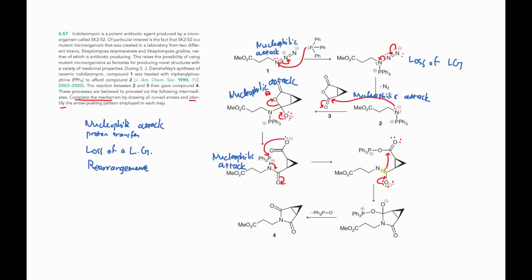It doesn't really matter if you draw the arrow there and another arrow, but for simplicity I'm just going to do this double bond acting like a nucleophilic center, and then attack there to form the single bond between the nitrogen and the carbon. And then that pi bond needs to place the electrons on the oxygen atom to create a negative formal charge.